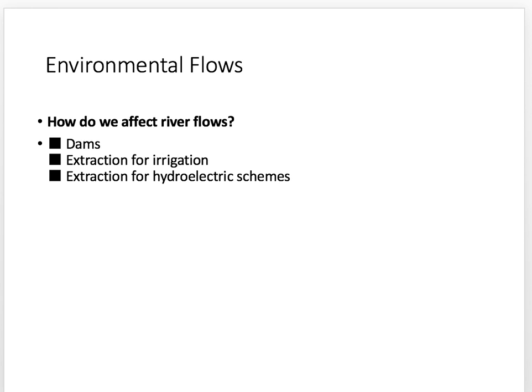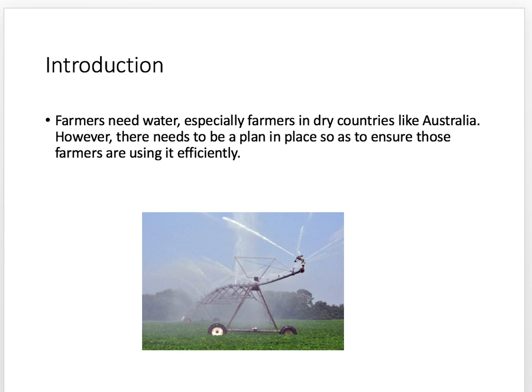So how do we affect river flows? We can affect river flows by creating dams, extracting water for irrigation, and extracting for hydroelectric schemes, including the one at the Snowy Mountains. So, introduction. Farmers need water, especially farmers in dry countries like Australia.